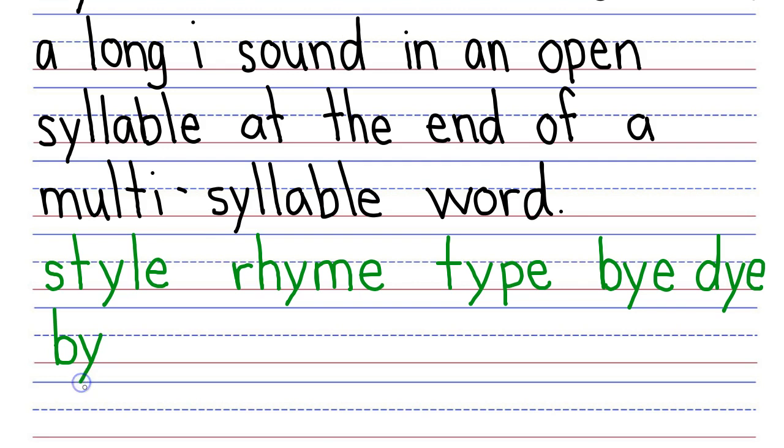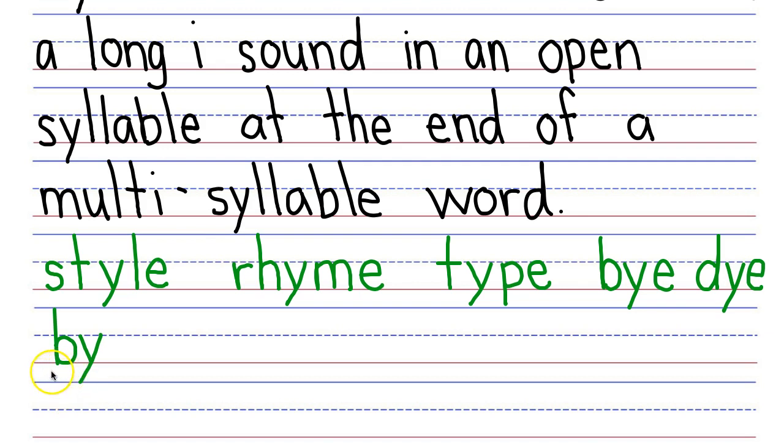This is a one-syllable word, by, and it ends in a vowel, the vowel Y, that makes a long I sound, and therefore it fits this rule where letter Y can make a long I sound at the end of words made up of just one open syllable.